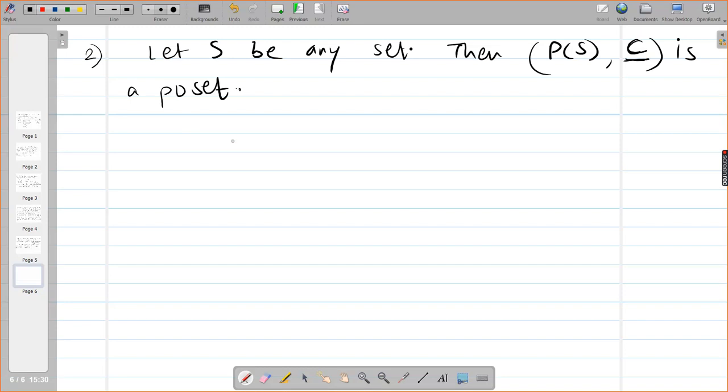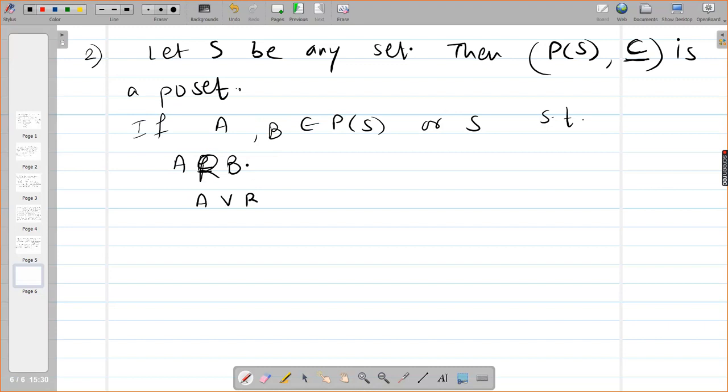So on this relation, why is this a lattice? Because if A, B belong to P of S such that A is related to B, then A join B will be A union B, the least upper bound of two sets.